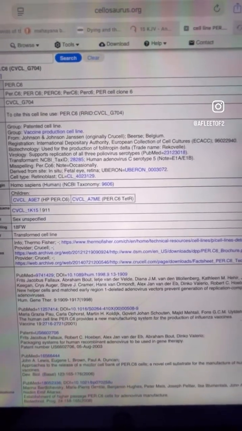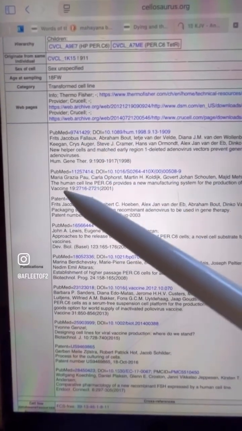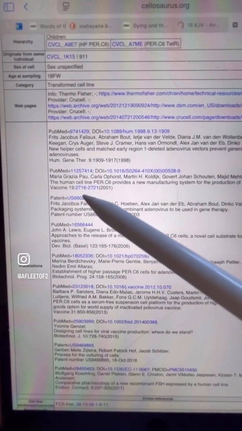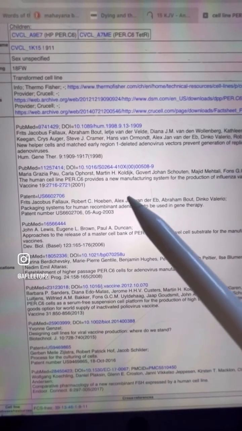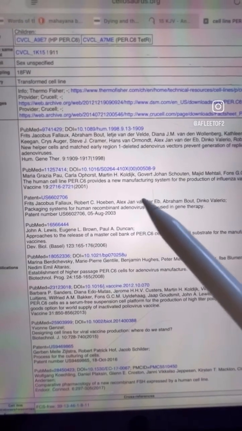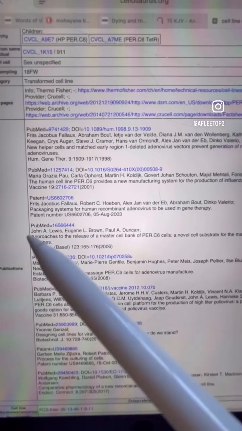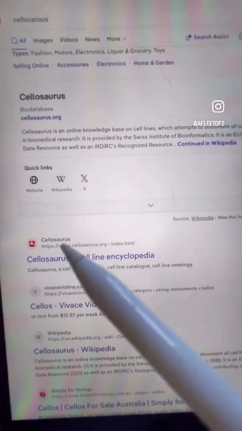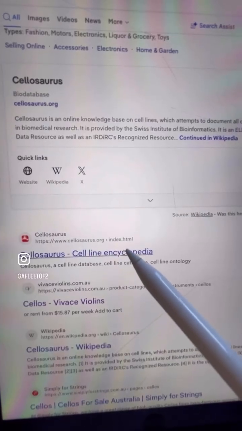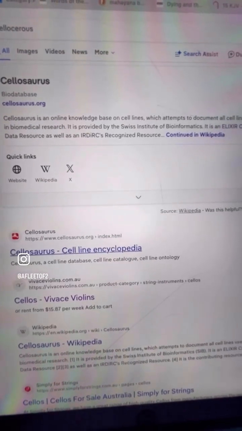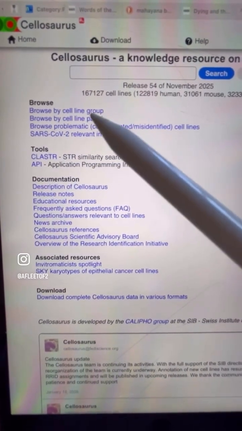They keep multiplying it. And you'll see like the PubMed is mentioned here. The patent for that is that. It's created by this Alex van der from Netherlands. They say like he created it. So if you go into Cellosaurus Cell Line Encyclopedia, then you'll get browse by cell line.